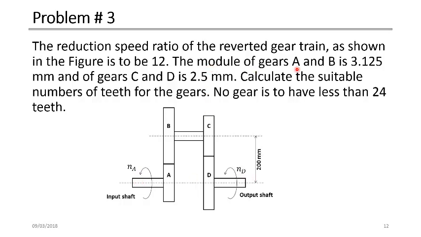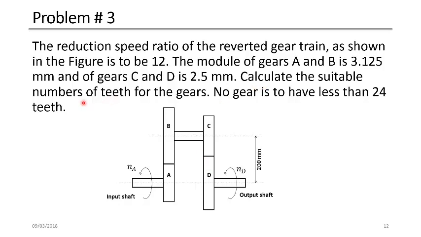The module of gears A and B is 3.125 millimeter, and of gears C and D is 2.5 millimeter. So we are given here that the module of these two gears is 3.125, and the module of these two gears is 2.5.